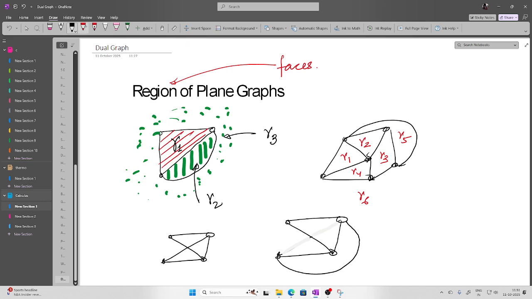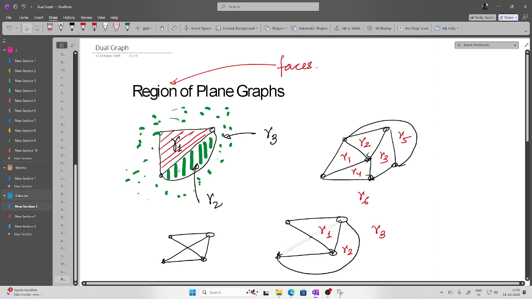Now I am in a position to find the regions. So this one is one region, R1. This whole is one region, R2, and then comes the unbounded region, R3. So how many regions are there in this graph? 3. So in this way, friends, we can find the regions in a plane graph.